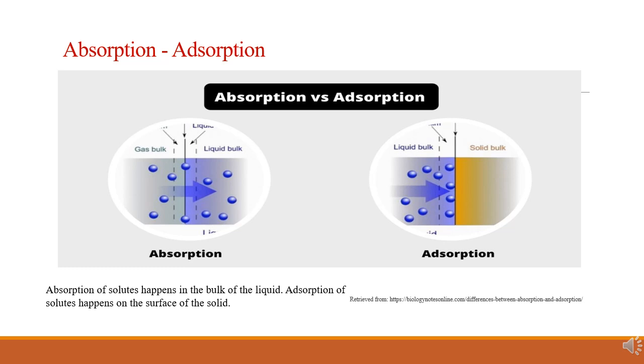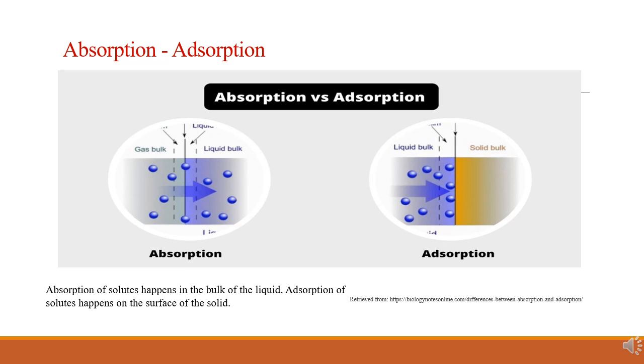Okay, guys, so absorption and adsorption, and understanding the difference. In the context of mass transfer, adsorption and absorption are two important processes used for separating or removing substances from a mixture.